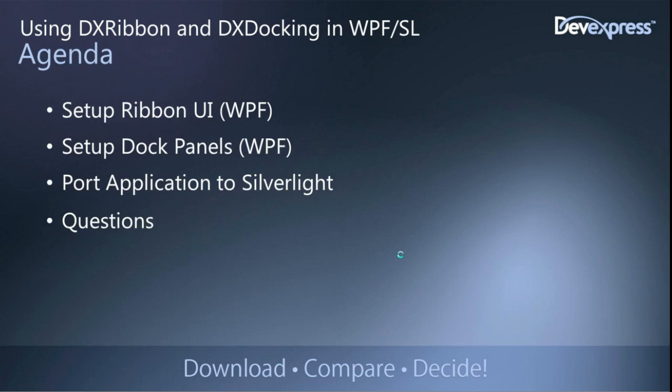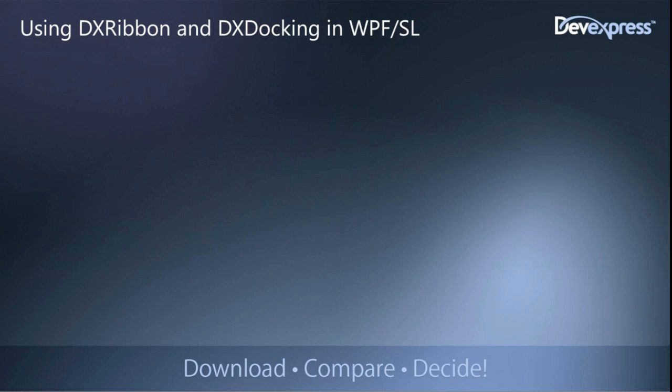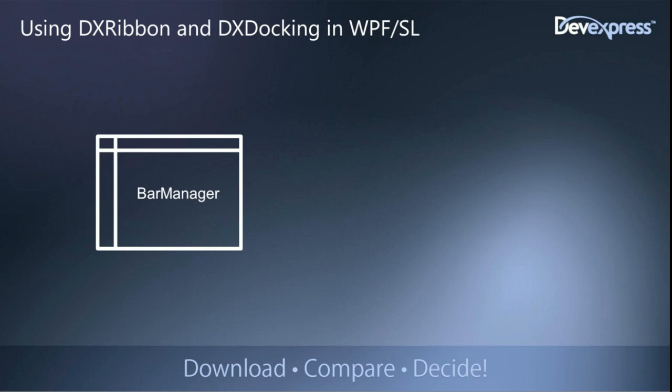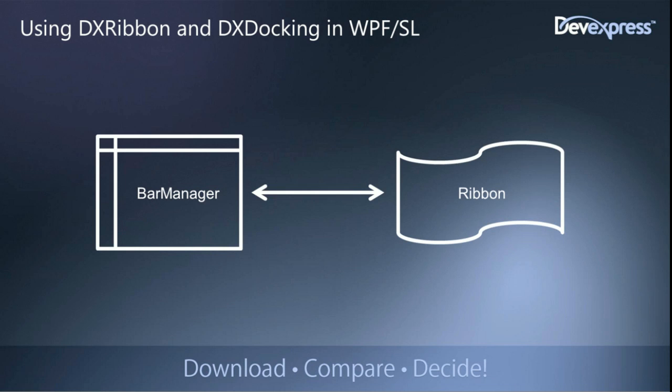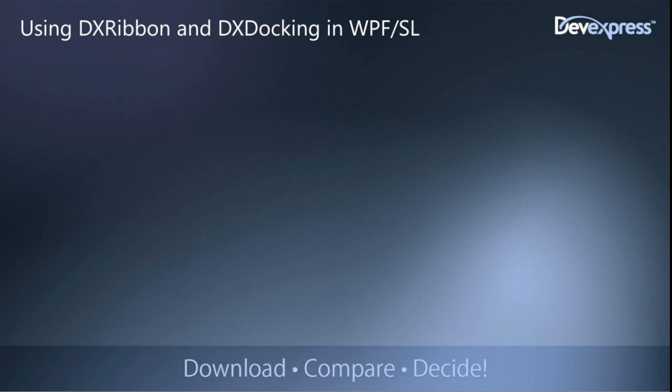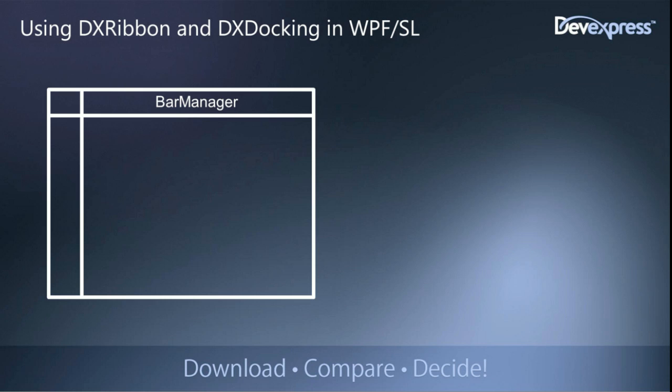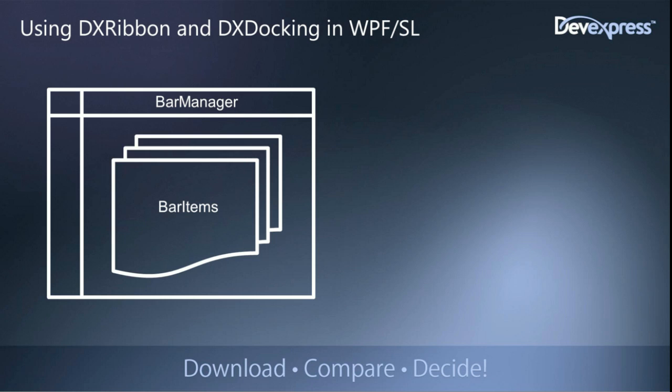The ribbon control has a relationship with the bar manager. They are dependent on each other, so one has to provide some items that the other one will use. We have the bar manager, and we populate it with bar items.